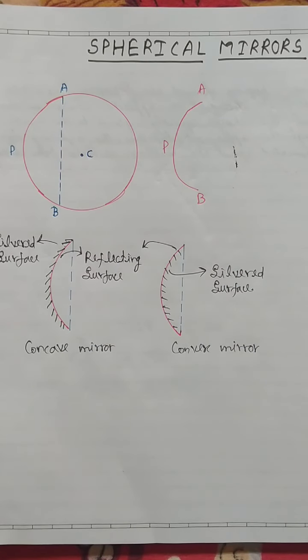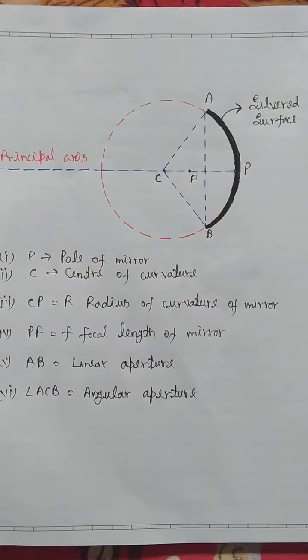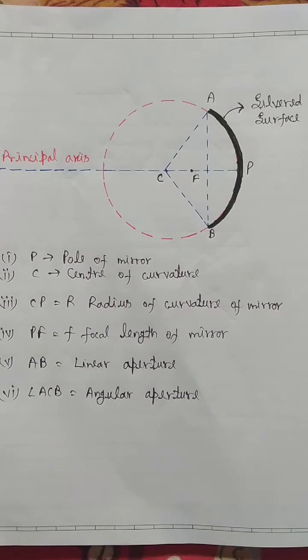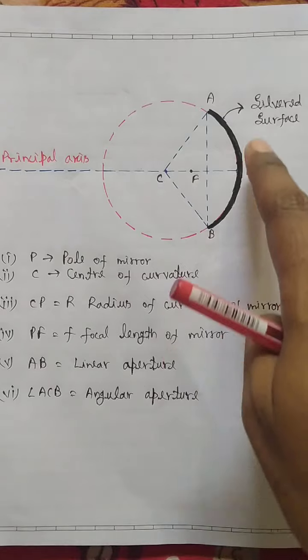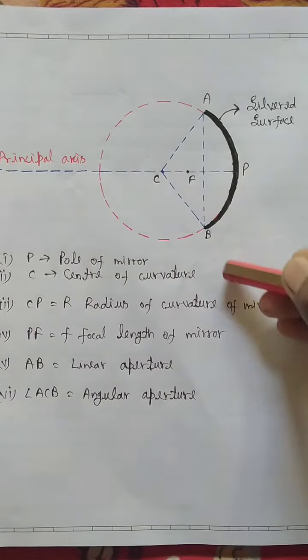Now we will discuss some important definitions regarding spherical mirrors. We know that spherical mirrors are of two types. Now we will discuss some important definitions regarding the spherical surface. Suppose this is a hollow sphere and AB is a plane.